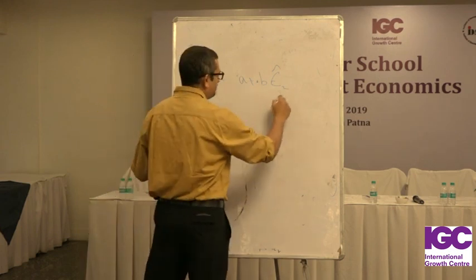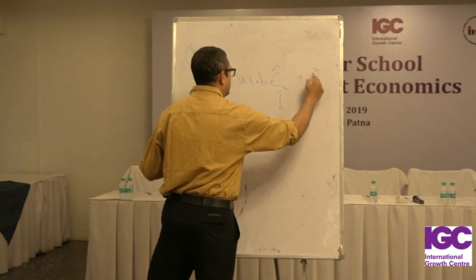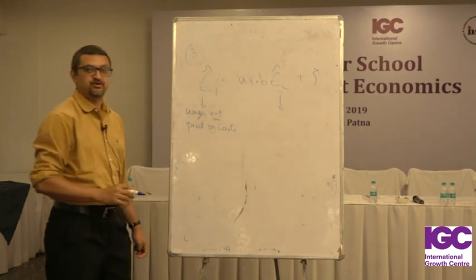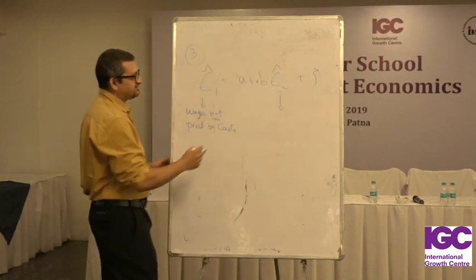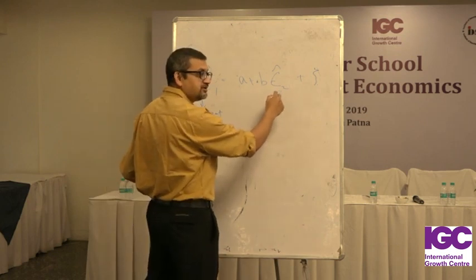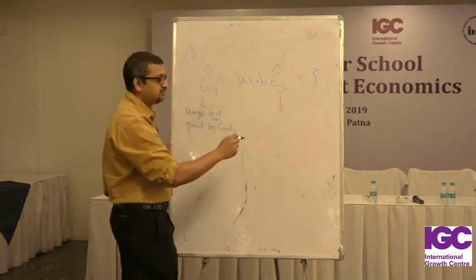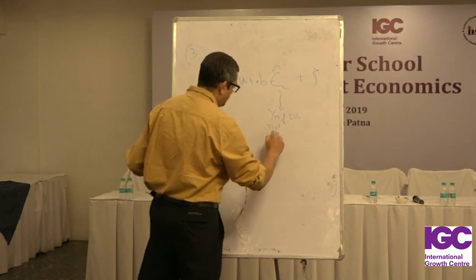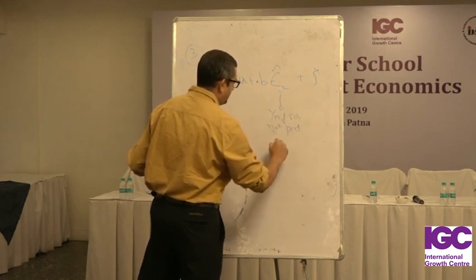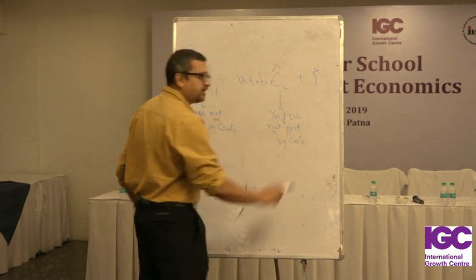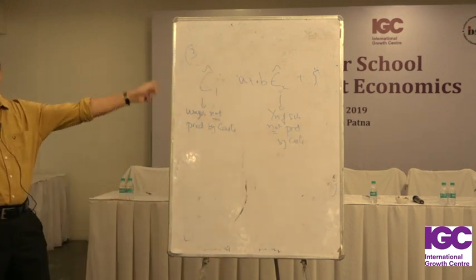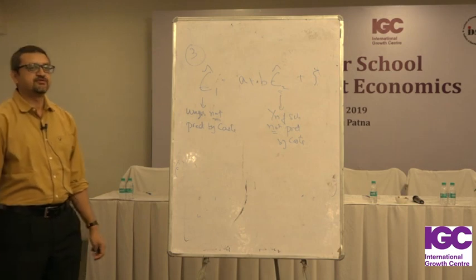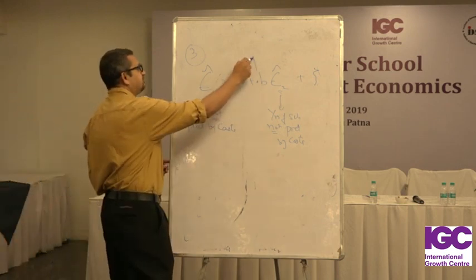And there is of course some stochastic part. What is epsilon 2 hat? Epsilon 2 hat is the years of schooling not predicted by caste. Okay. I run a regression of this and that. What is the interpretation of B? What is B now?